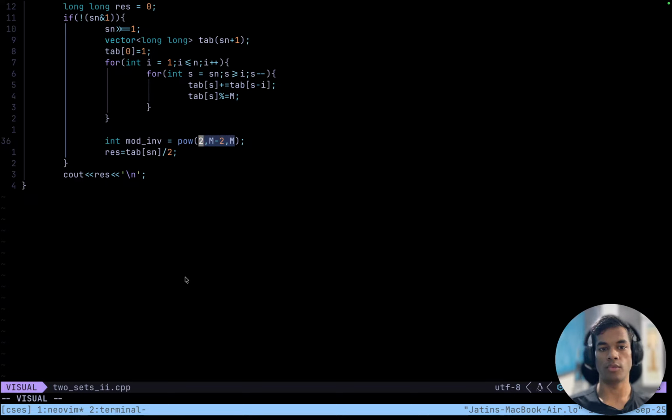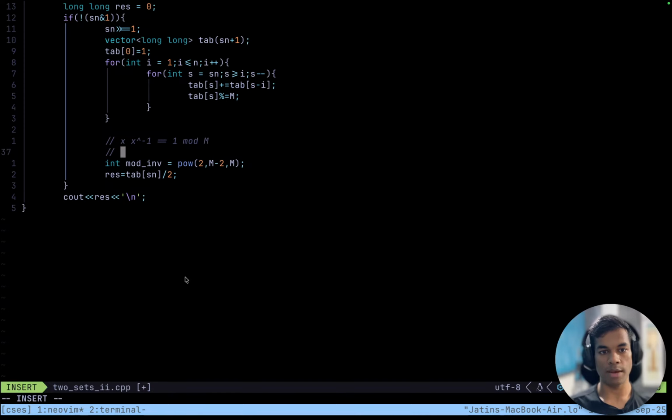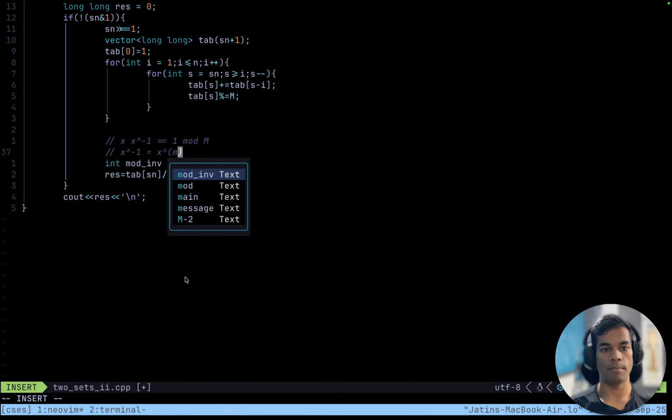Whenever you have x as a number and you want to find x modular inverse, so that this thing returns 1 mod m, and if m is a prime number, then x inverse is going to be equal to x raised to the power of m minus 2.